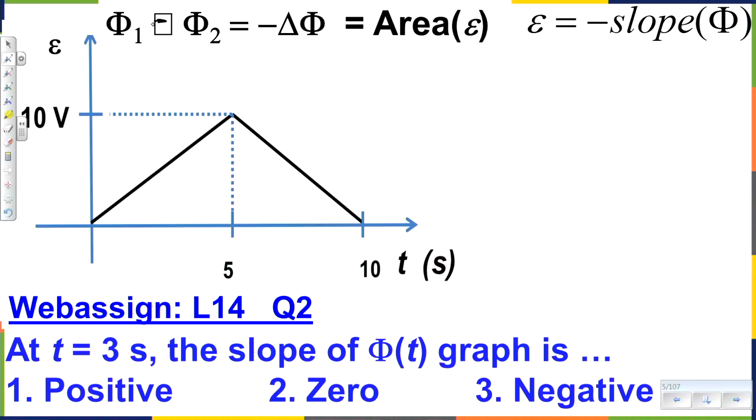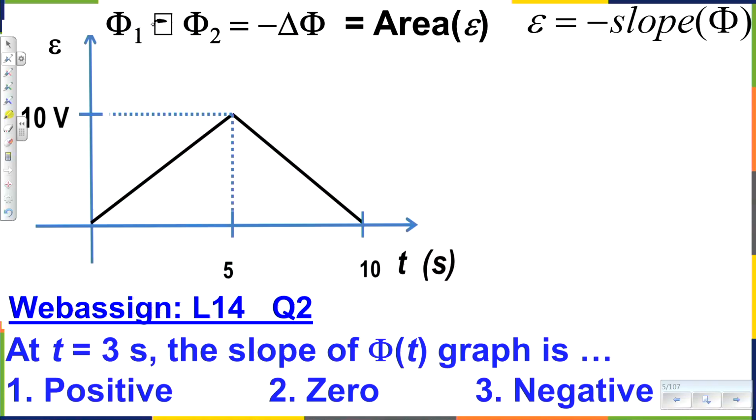I got two questions. That's the first one about a slope of a graph which is not shown here, but the flux.